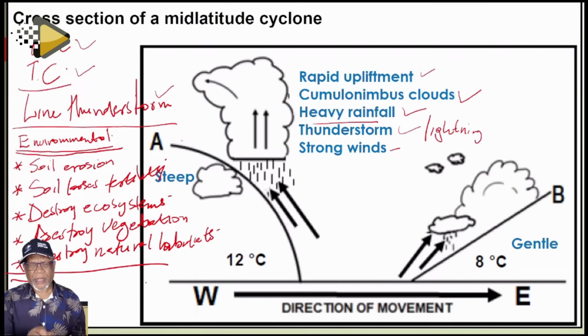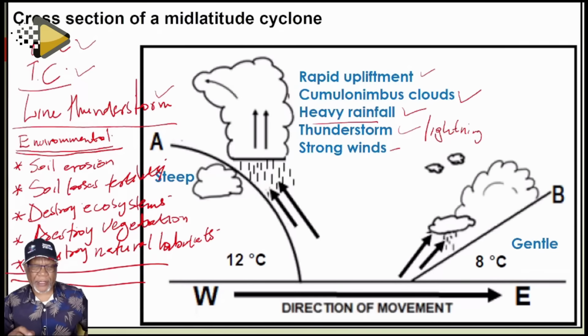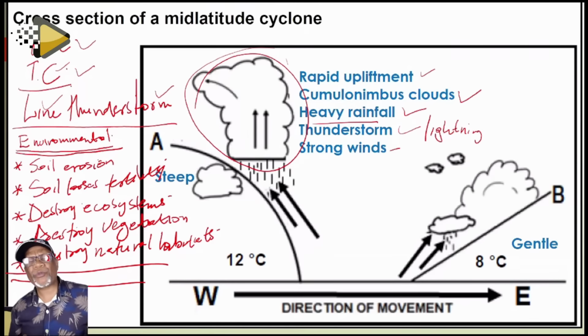Now, these are 1, 2, 3, 4, 5 factors. These are 5 impacts of mid-latitude cyclone on the natural environment. Because mid-latitude cyclone is associated with cumulonimbus clouds, and also tropical cyclone is associated with cumulonimbus clouds, and also line thunderstorm is associated with cumulonimbus clouds, it doesn't matter what phenomena will be assessed on Wednesday.